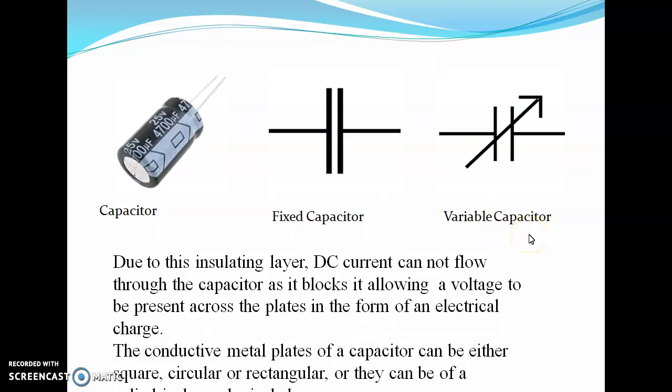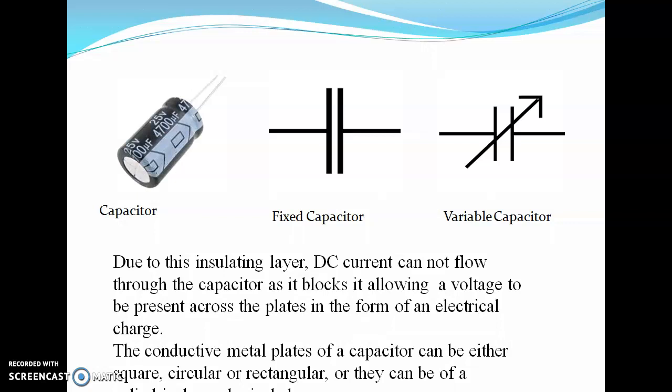Coming back to the working or construction of capacitor, due to this insulating layer, the DC current cannot flow through the capacitor as it blocks it, allowing a voltage to be present across the plates in the form of electrical charge. So through the capacitor, the current cannot flow. Only there will be a voltage and the capacitor will store the charge.